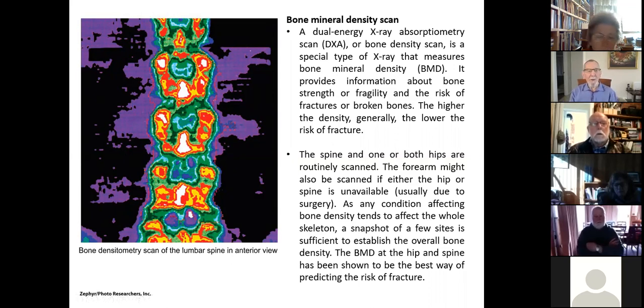Routinely, the lumbar spine and one or both hips are scanned. The bone densitometry scan actually uses very low radiation. So this is why the radiographer is actually in the same room as the person being scanned.